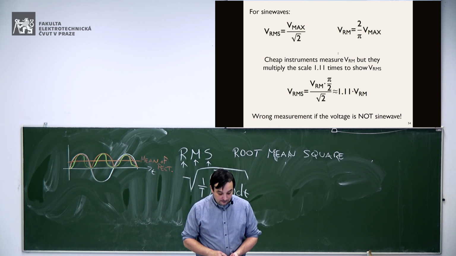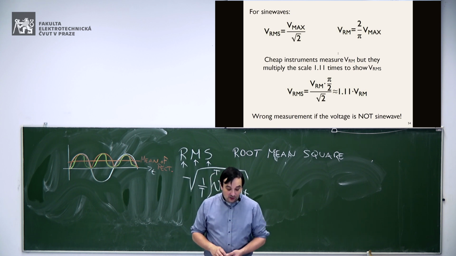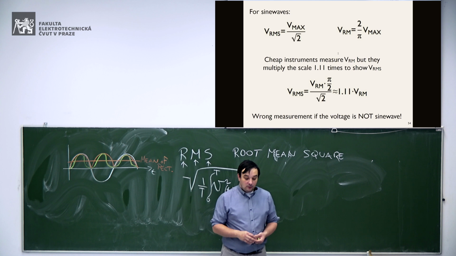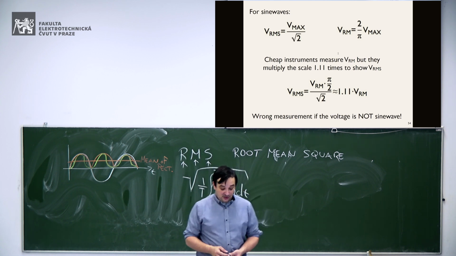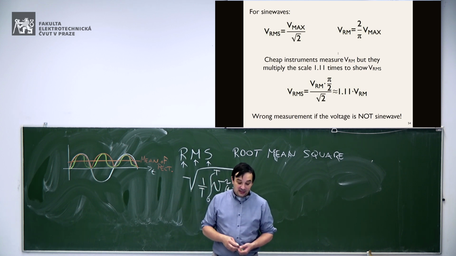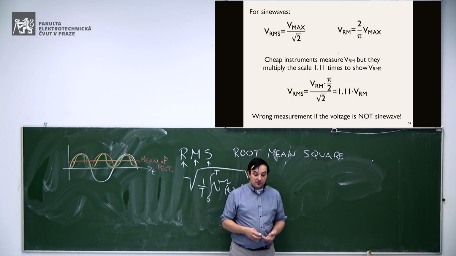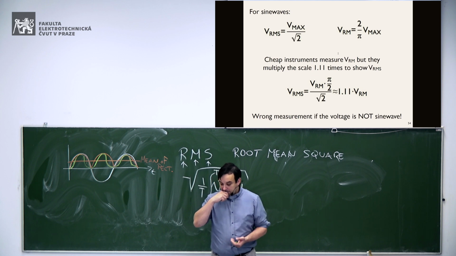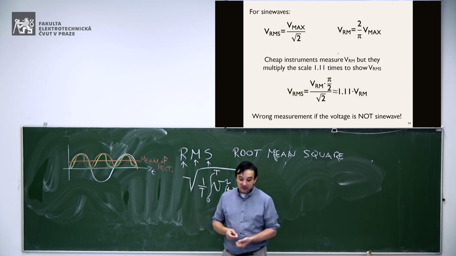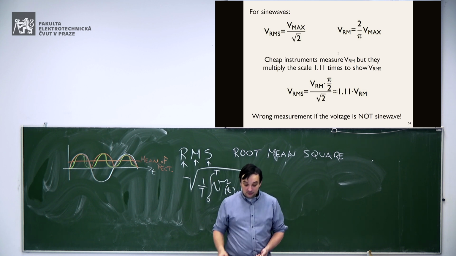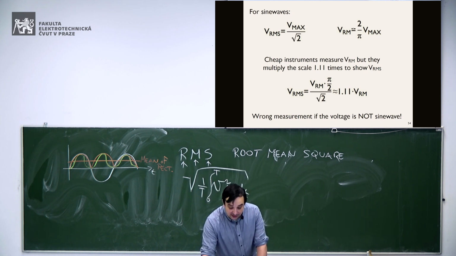Now, if you want the RMS value, what you have to do is to take the rectified mean value and multiply it by 1.11. 1.11 is because you have pi divided by 2, which comes from the rectified mean value calculation of the maximum value, and then divided by the square root of 2, okay?